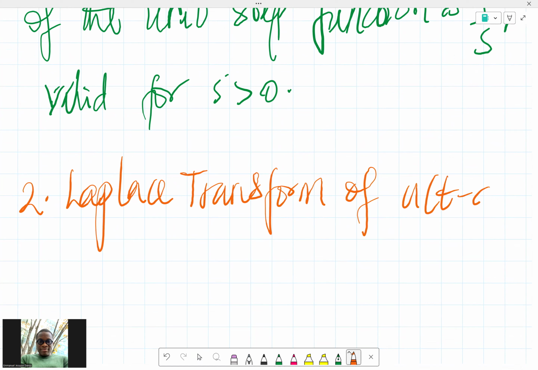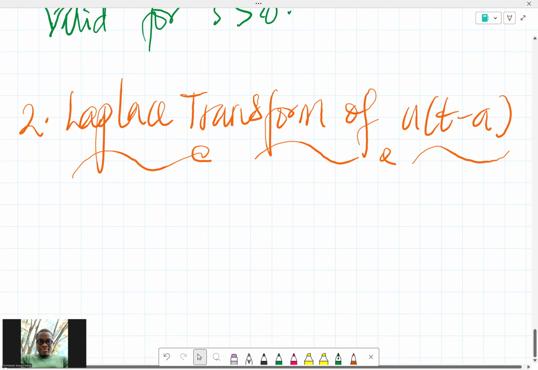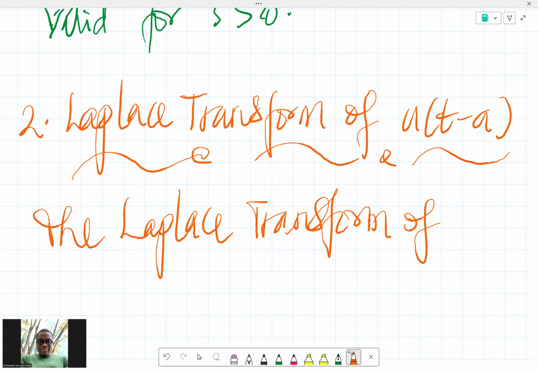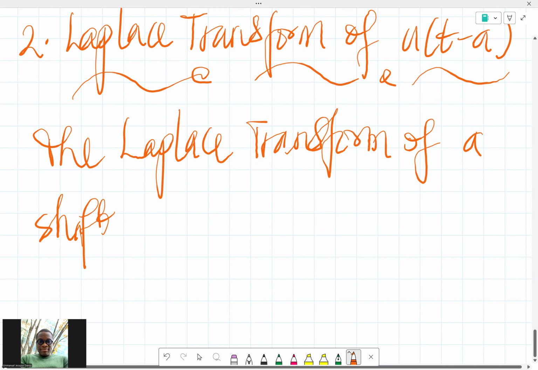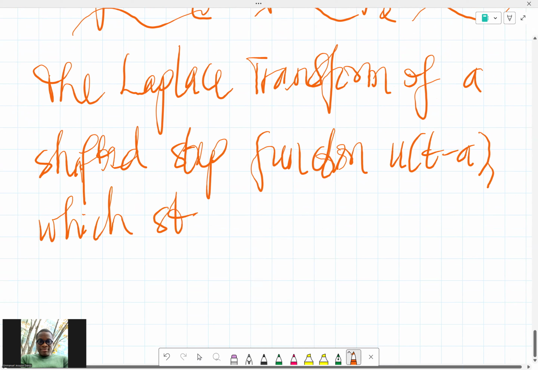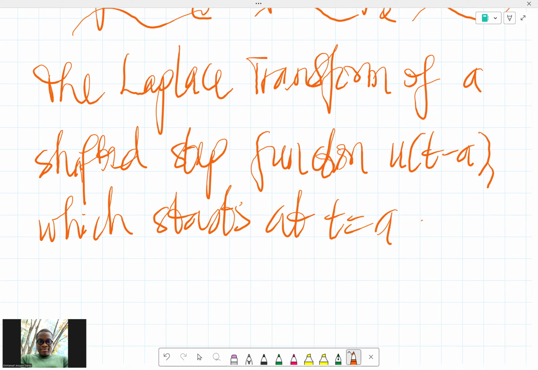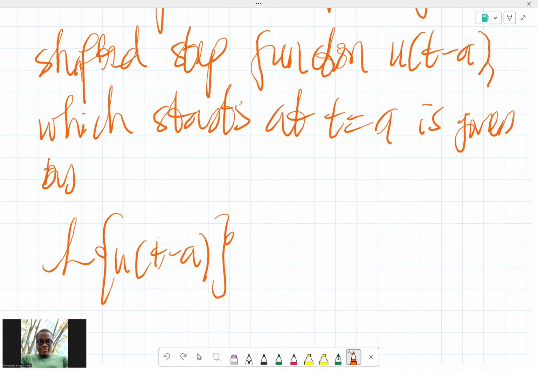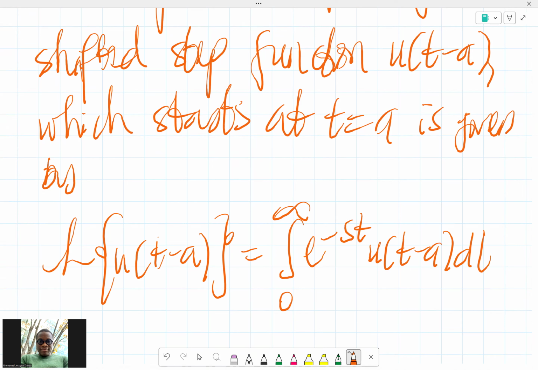The Laplace transform of a shifted step function u of t minus a, which starts at t equals a, is given by the Laplace of u of t minus a, which is equal to the integral from 0 to infinity of e raised power minus st u of t minus a dt.